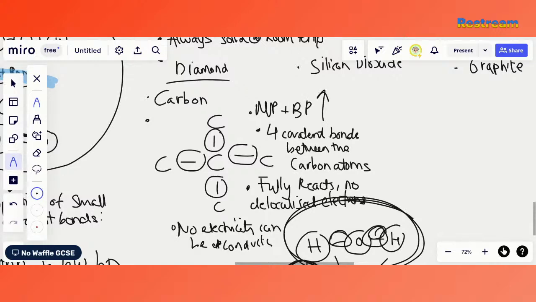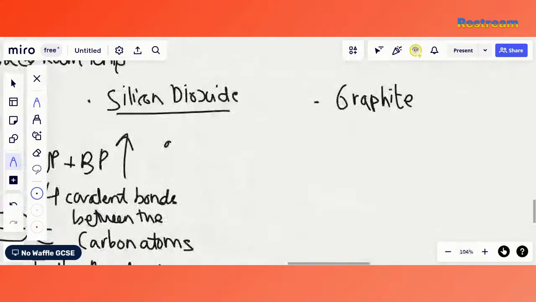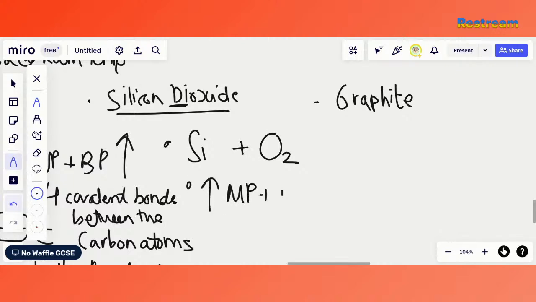Okay. Now onto silicon dioxide, which is sand. So silicon dioxide is between silicon and oxygen. Now silicon dioxide basically tells you that there are 2 oxygens. All you need to know is that there's a high melting point and high boiling point.